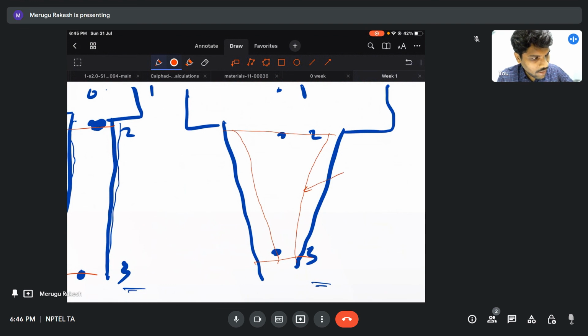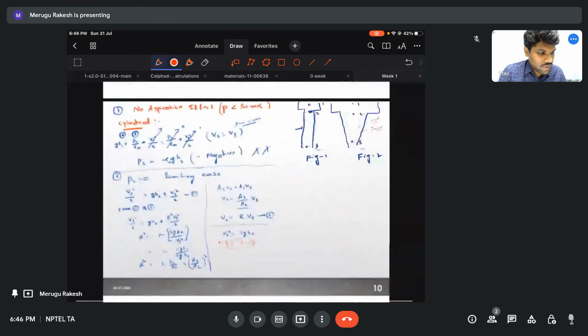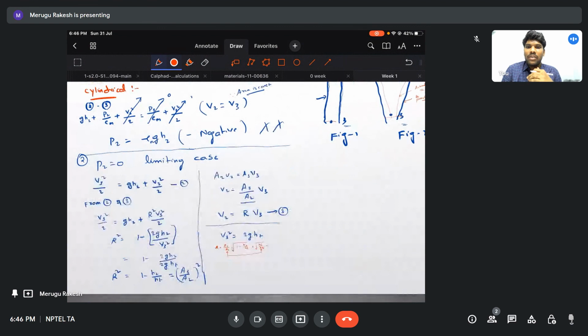This is the actual one, but this is the ideal, practical one that we use in our casting designs. This was very beautifully explained in the Kaushal Malik textbook also. You can go and derive it yourself also. It is a very simple application of Bernoulli's principle.